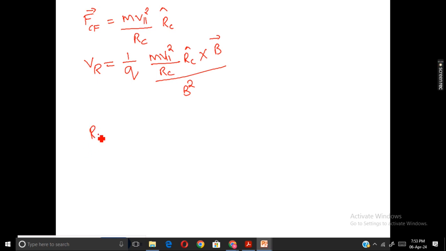Now Rc cap can be written as Rc by the magnitude of this vector.